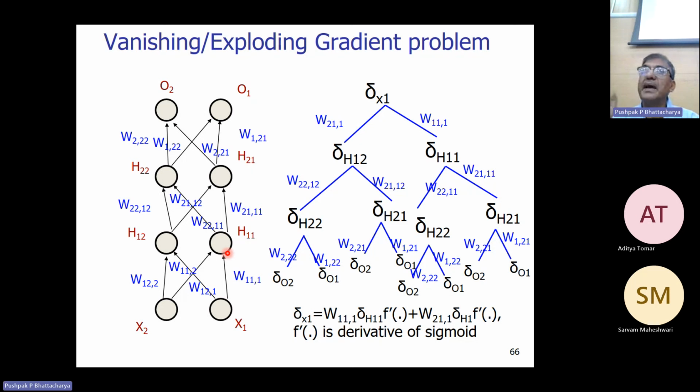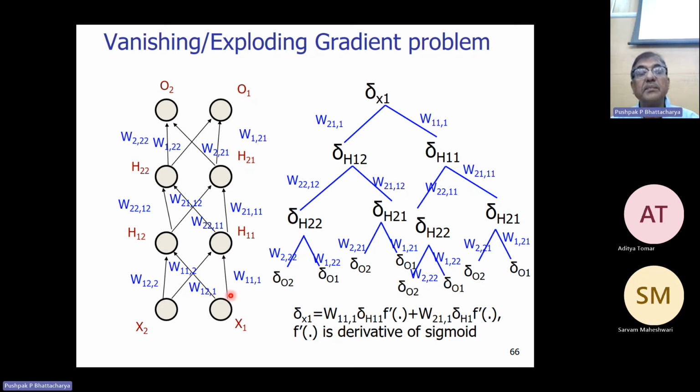So you keep multiplying fractions, and by the time I come here, the delta value becomes small. And we know that in deep learning systems, these layers are very large in number. The network is very deep.